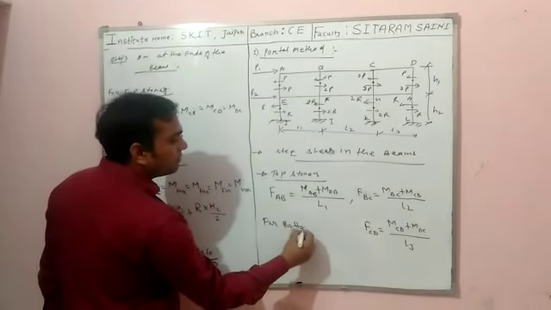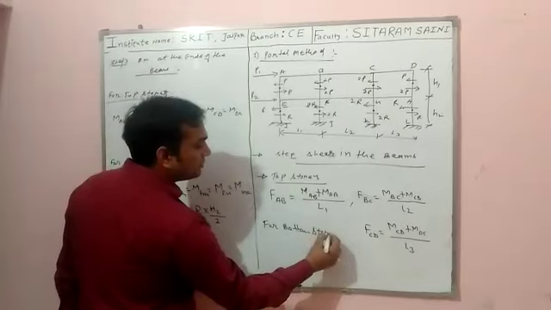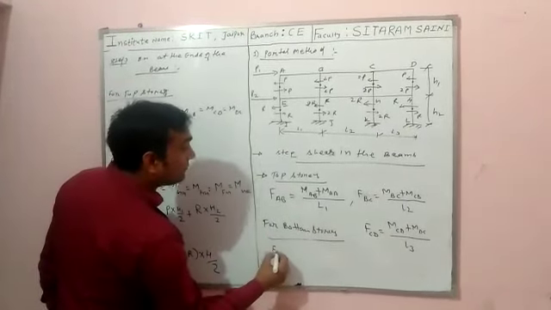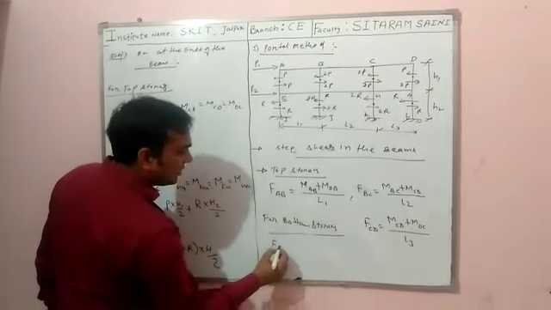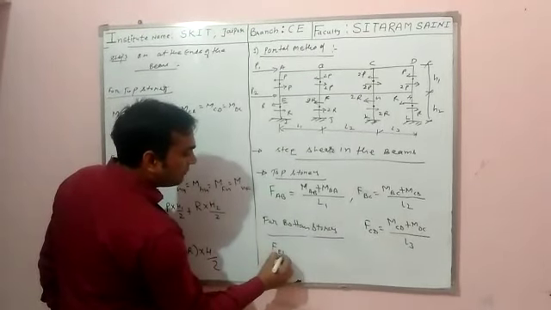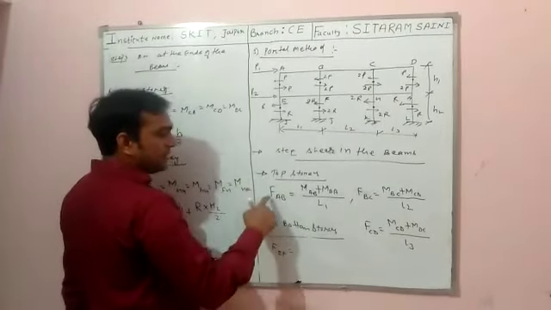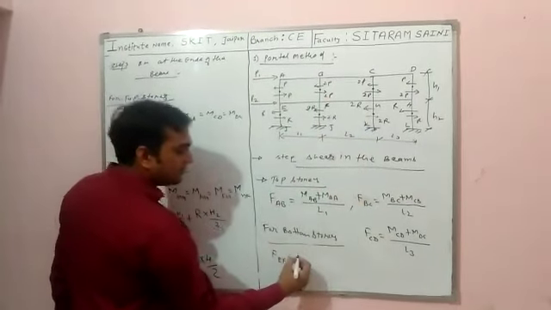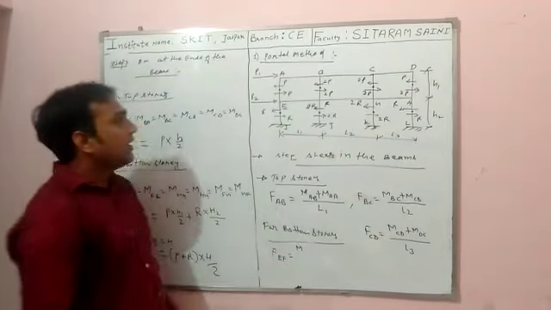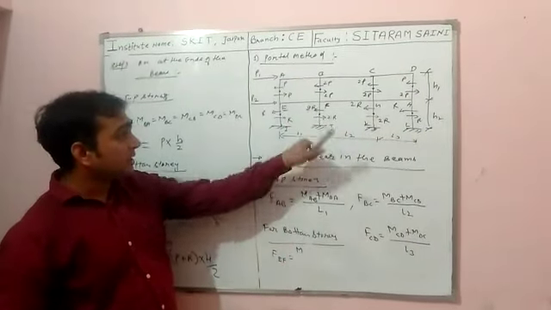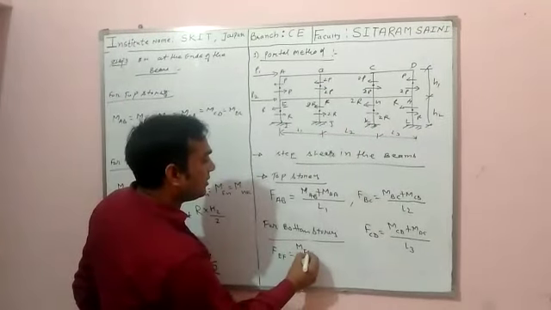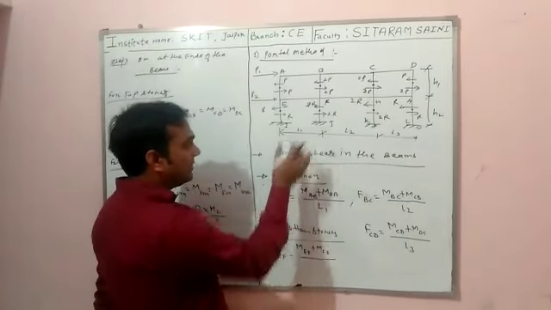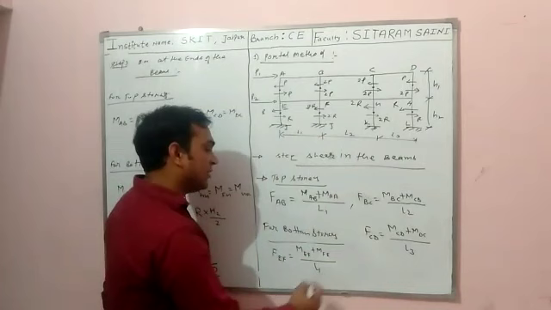Likewise, next for the bottom story, these are all the shears in the beams. FEF is equal to (MEF plus MFE) upon L1, the length of the member.